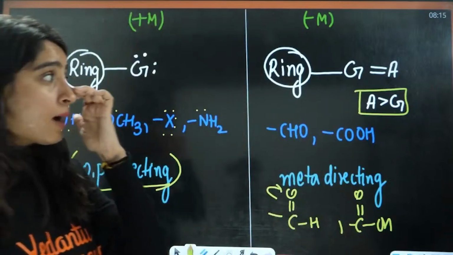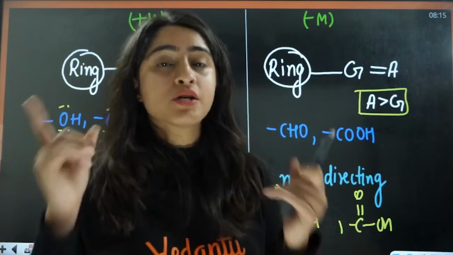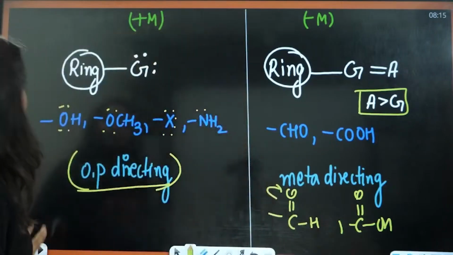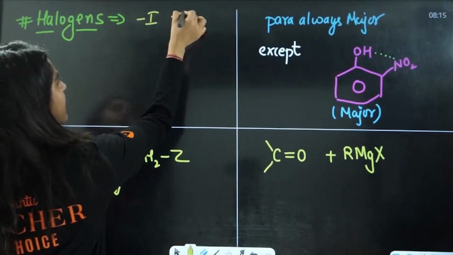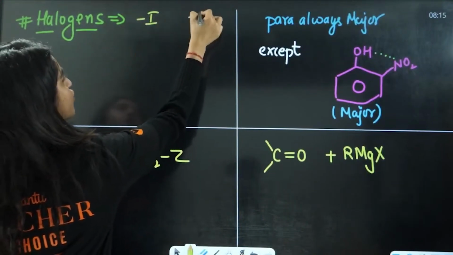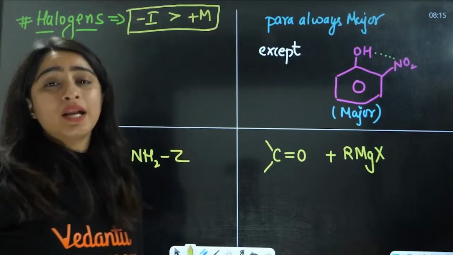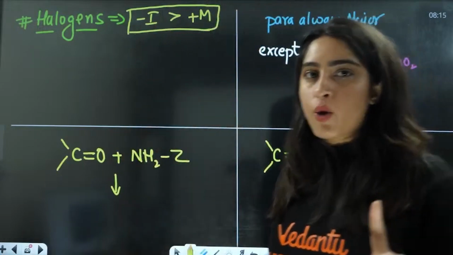I'm talking about electrophilic substitution here. This is going to help you in so many reactions of phenols, aldehydes, carboxylic acids, everything, right? Now the exceptional part here is that halogen shows minus I and plus M. Usually the mesomeric effect is dominating, but only in this case the inductive effect is dominating.